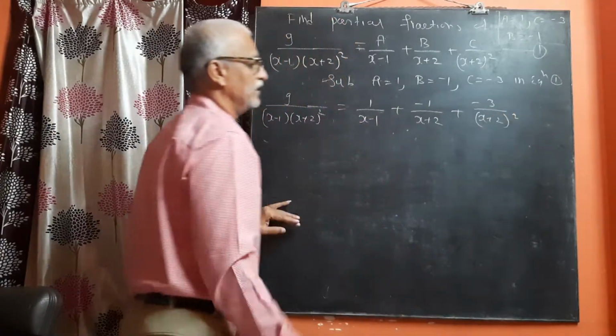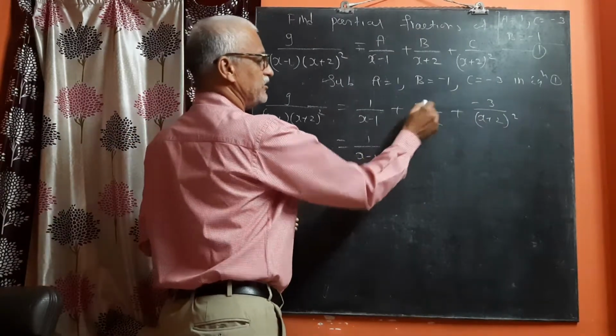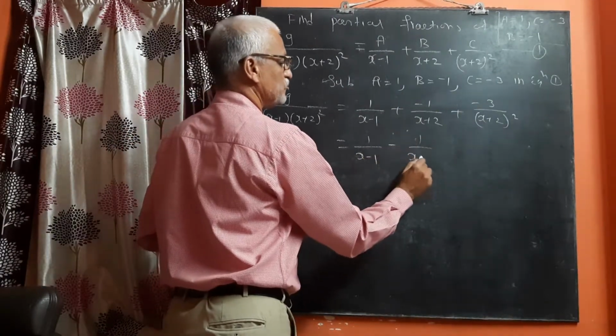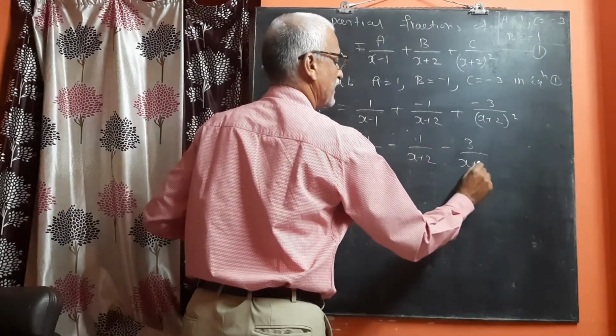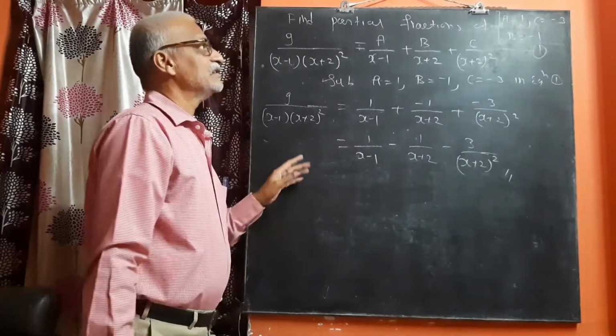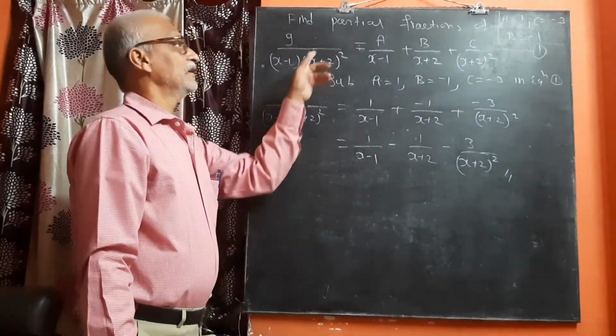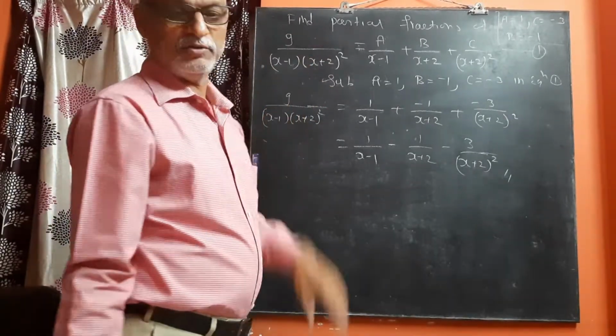Or you may write this as 1 upon x minus 1 plus into minus, -1 upon x plus 2 plus into minus, -3 upon x plus 2 the whole square. These are the partial fractions of the given fraction. The given fraction was 9 upon x minus 1 into x plus 2 the whole square.